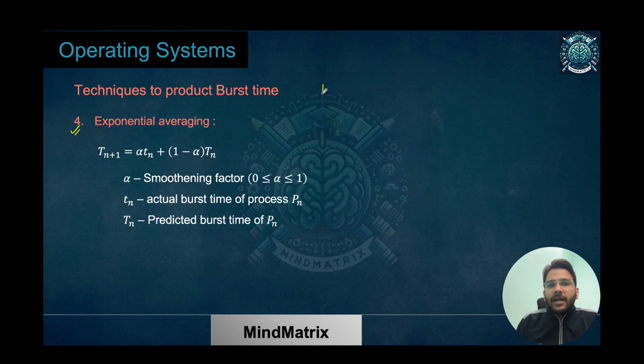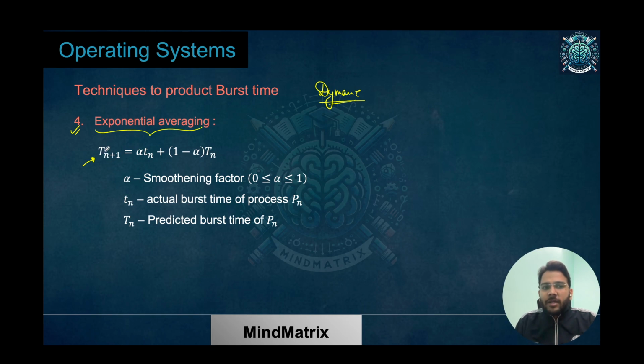The last method, that is also a dynamic technique, that is exponential averaging. So in case of exponential averaging, what we are going to do here is, carefully see, t of n plus 1 represents the predicted burst time of the process. Let's say n plus 1 is a process, I want to predict the burst time for it.